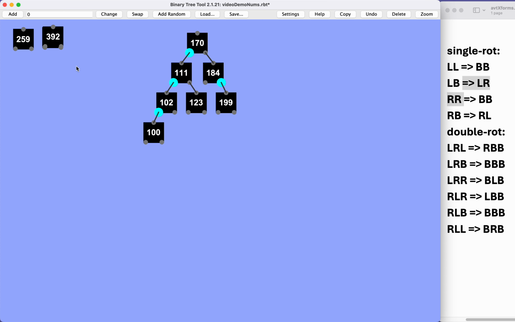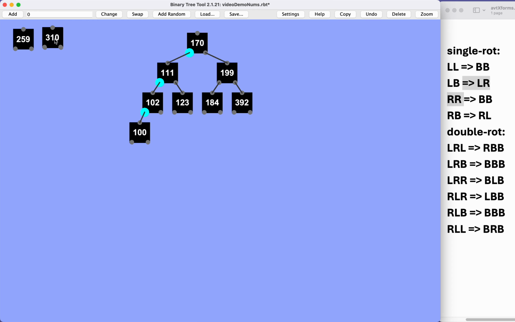Now we'll start inserting the 300s. 392, one getting inserted here. So this guy has grown. This guy has seen that his right subtree grown. It's already right-leaning. Therefore, I need to do a right-right transformation. That involves making these guys balanced and doing a single rotation there. 310 ends up inserting right here.